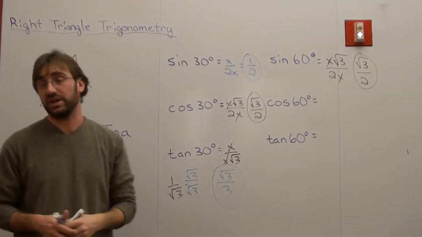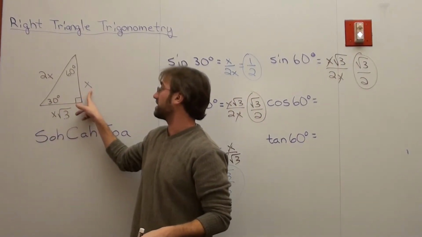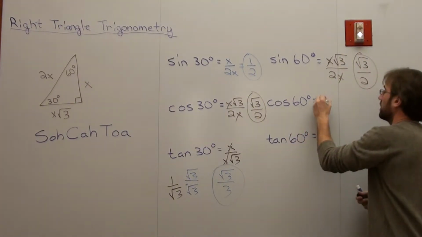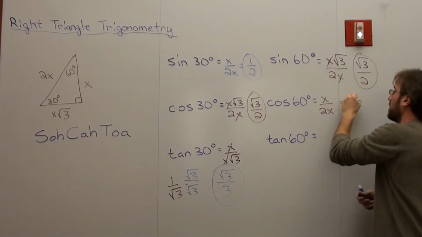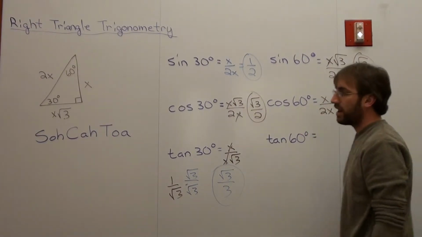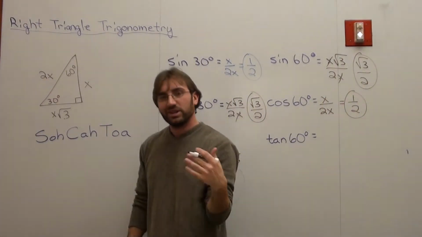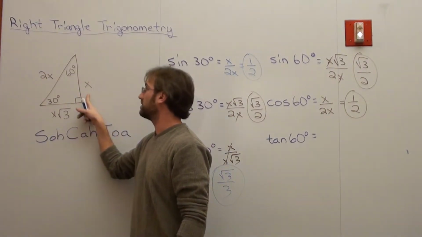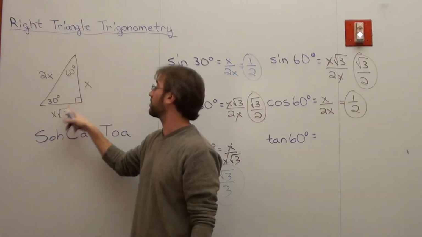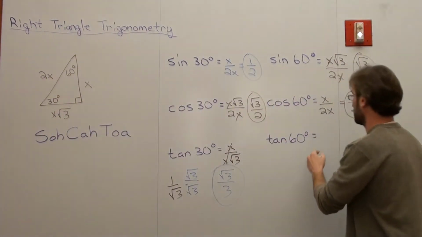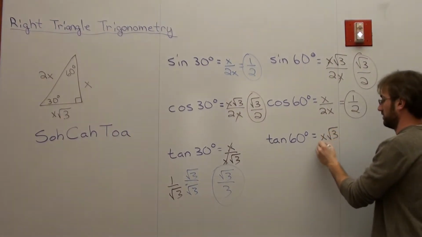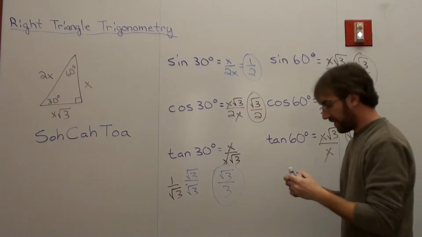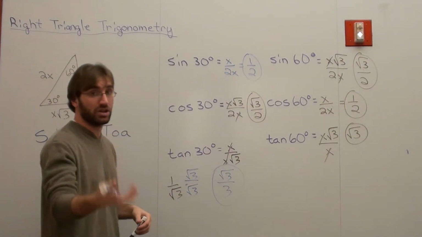The cosine of 60 degrees, right here, is my adjacent side over my hypotenuse, which is x over 2x, which equals 1/2. The tangent of 60 degrees is opposite over adjacent. So it's x root 3 over x, which is root 3.